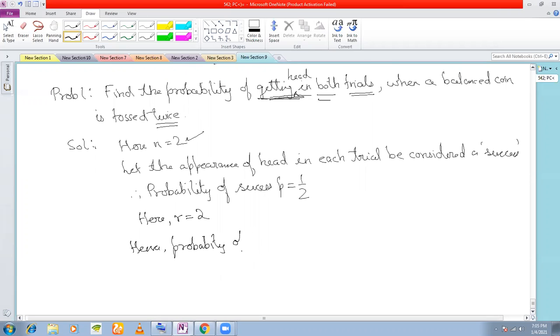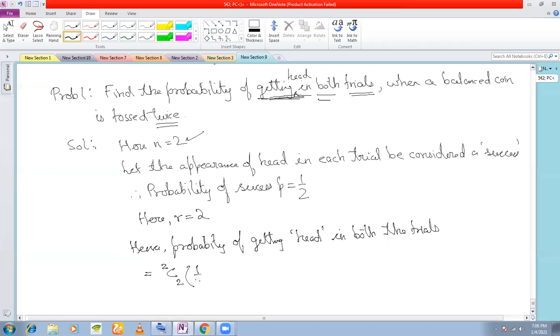So hence, probability of getting head in both the trials is equal to nCr. What is the value of n? 2. r, the value is 2. And what is the value of p?